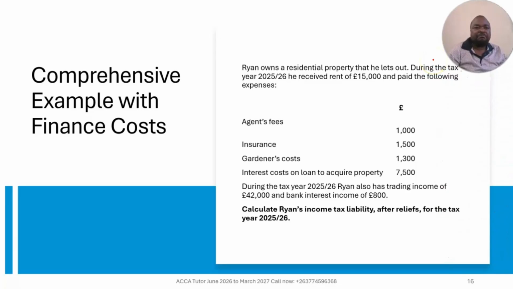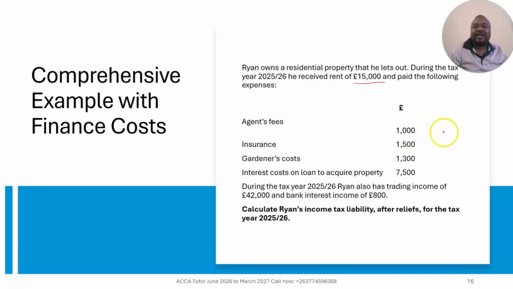Ryan owns a residential property that he lets out. During the tax year 2025/2026, he received rent of £15,000. So he actually received this money and paid the following expenses.